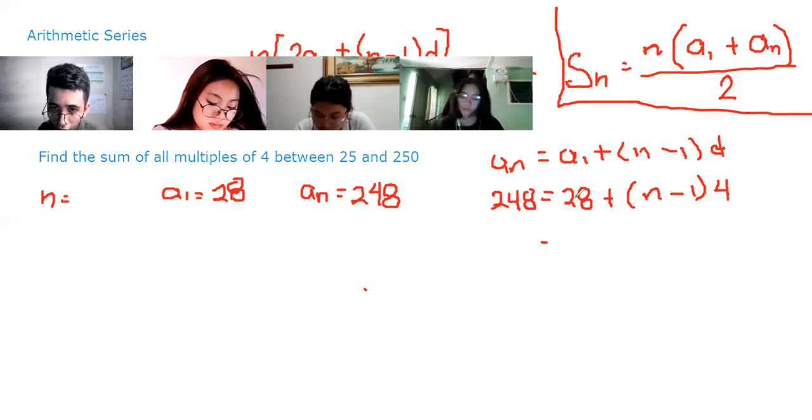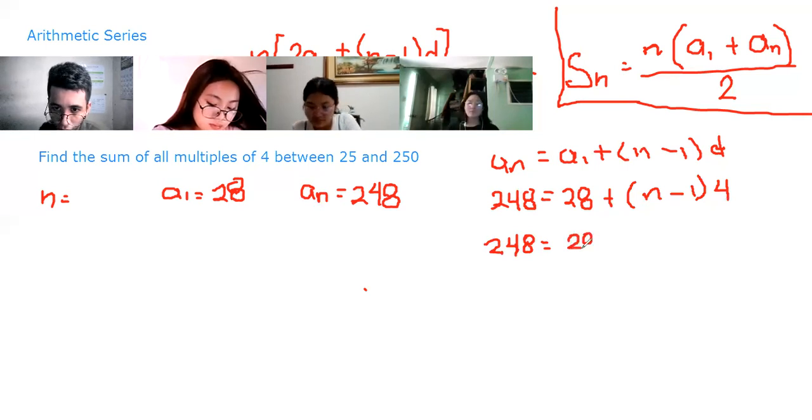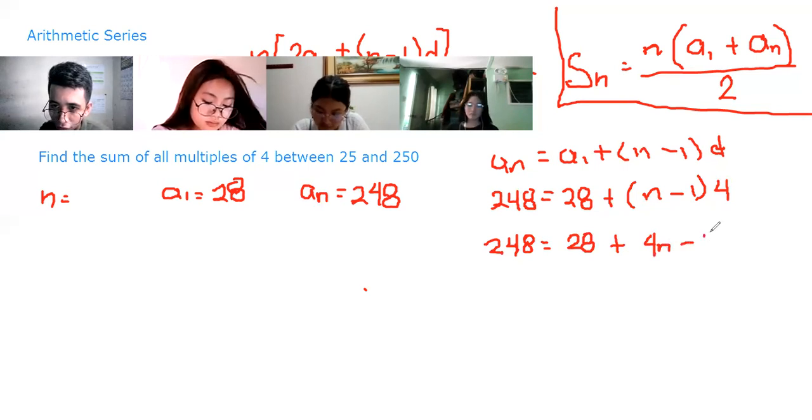Then, compute natin. Ito, 248. So, sabay-sabay na natin silang i-move to the other side of the equation. Plus 4 times n, that is 4n. Then 4 times negative 1, that is negative 4. So, combine all like terms.